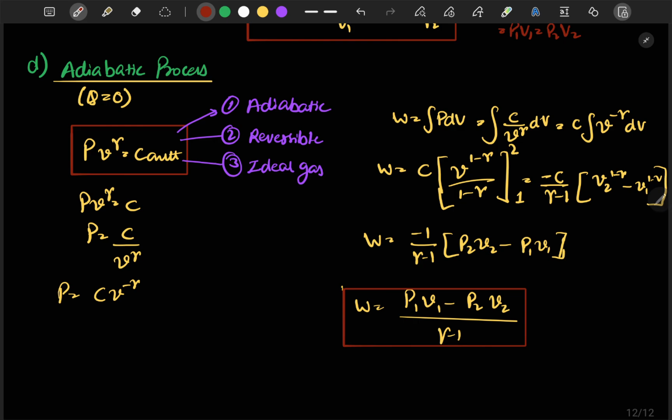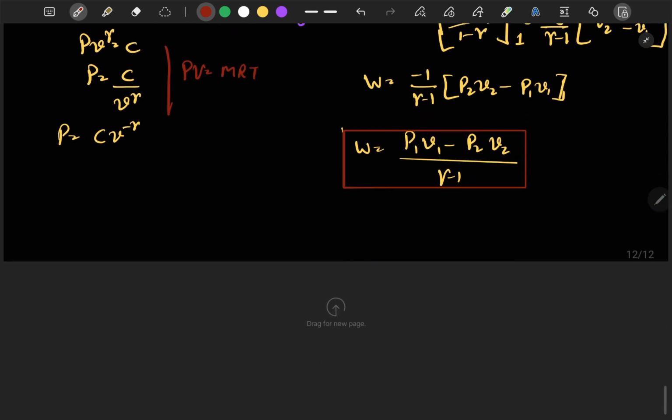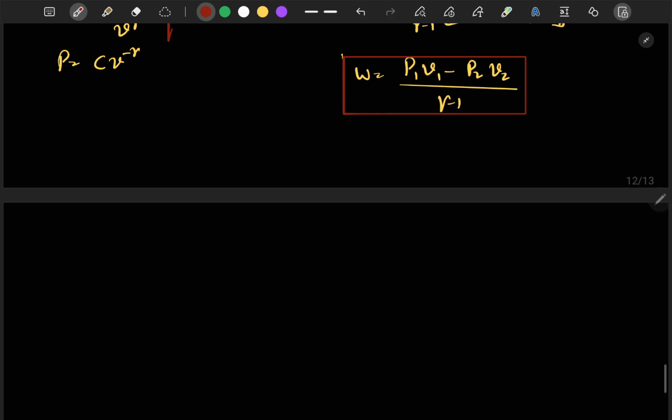Now there is one more very important relation for adiabatic processes. I will just mention it here. We can use this relation along with the ideal gas equation, that is pv is equal to mRT, to write a relation which will be very useful in thermodynamics, and furthermore in your power plant and IC engine along with RAC.